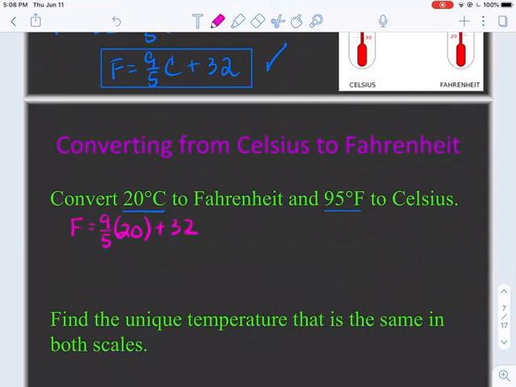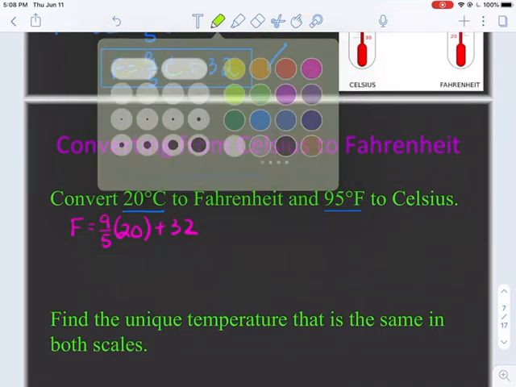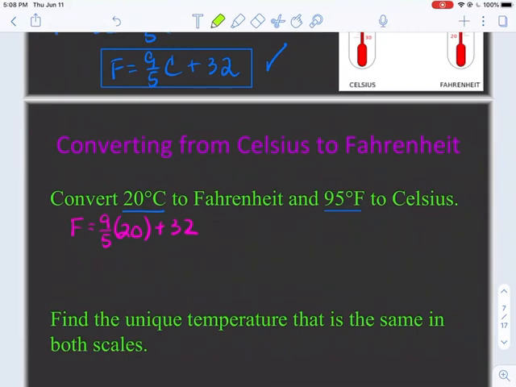And then I'm going to use the same equation with 95 degrees: 95 is equal to 9/5 c plus 32. And that would be the way to solve for both of these.